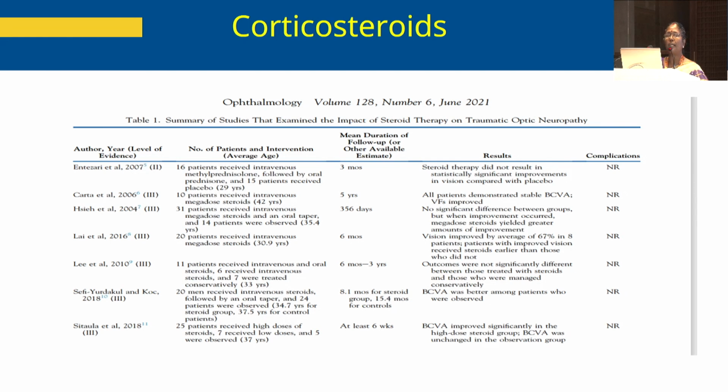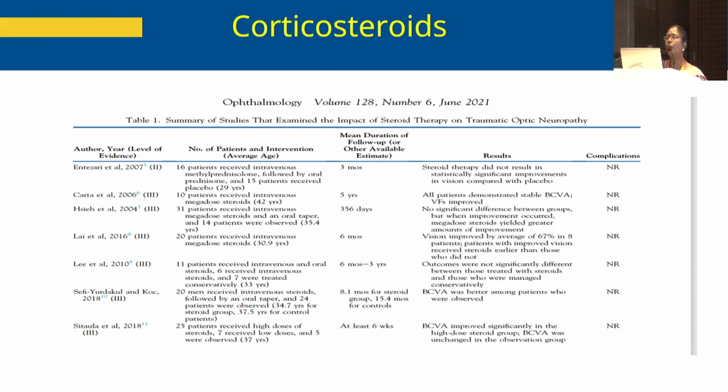In the various studies which provided the level 2 evidence, patients received IV methylprednisolone 1 gram daily followed by oral steroids for around 11 days and were compared with placebo patients.